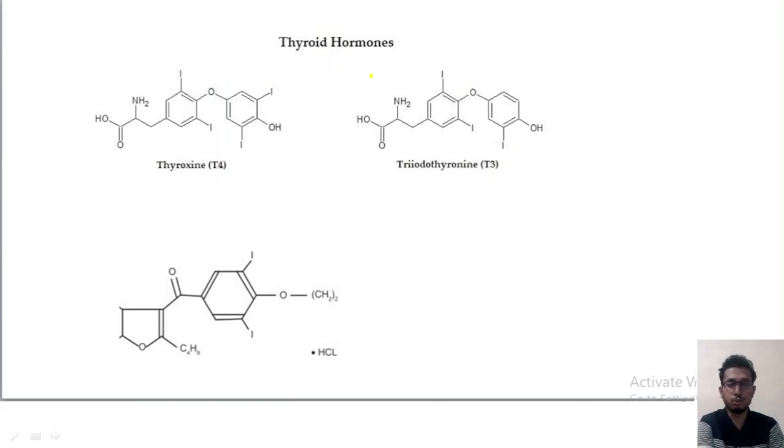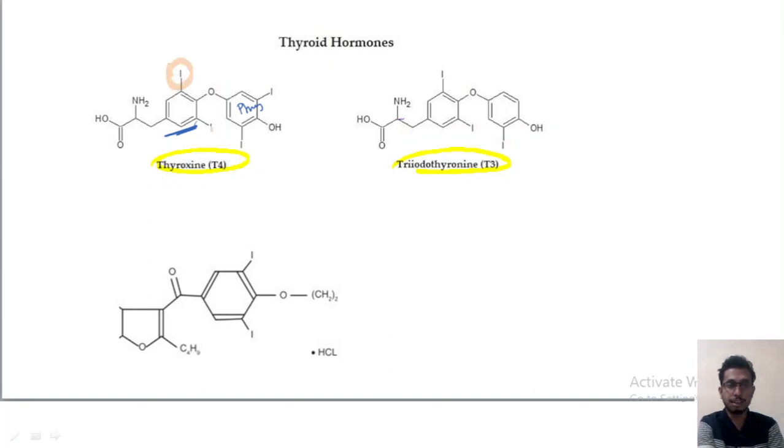Above are the two thyroid hormones of our body, thyroxine and T3, that is triiodothyronine. The basic structure has two rings: a tyrosine ring and a phenyl moiety. So this is the basic ring structure of the thyroid hormone, and it has iodine moieties attached.